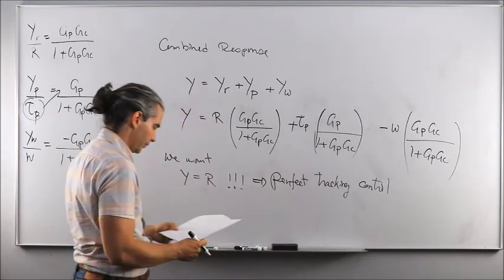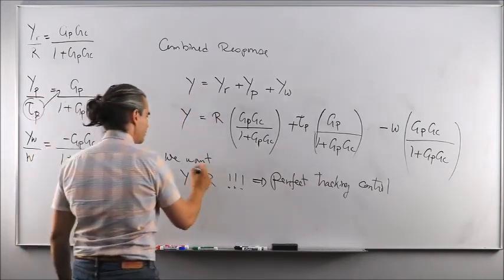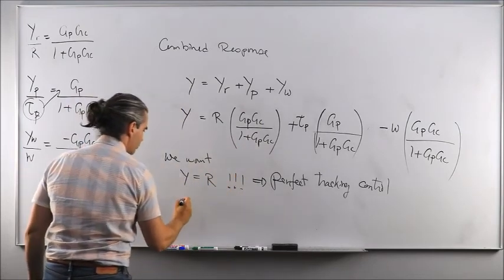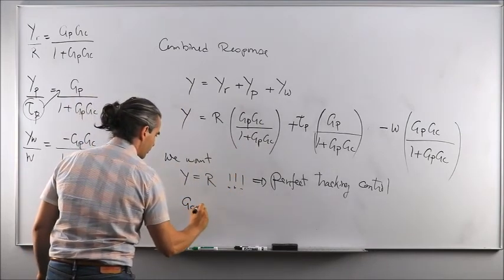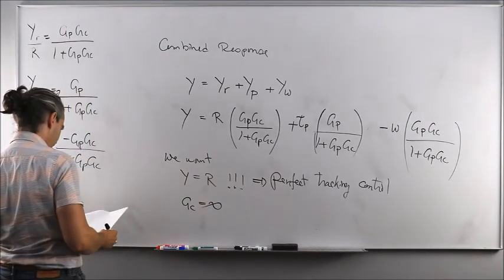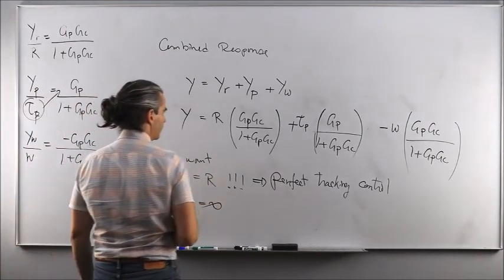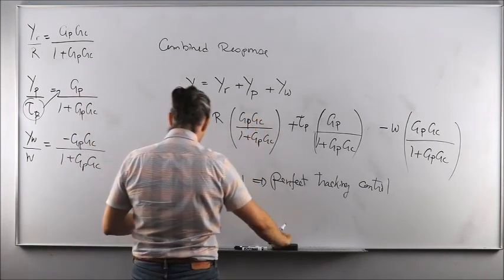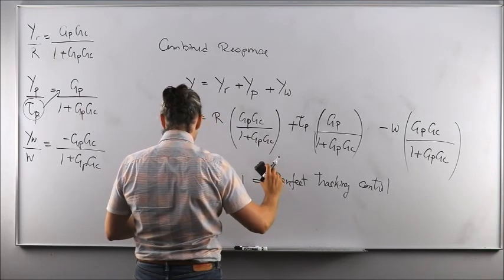But that's not that trivial. So how could you get that from that expression? Well, an obvious choice would be to set your controller to infinity. Okay? Doing so will get you infinity over infinity, which is 1.